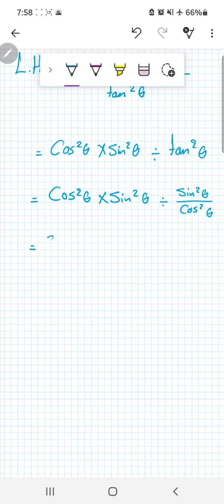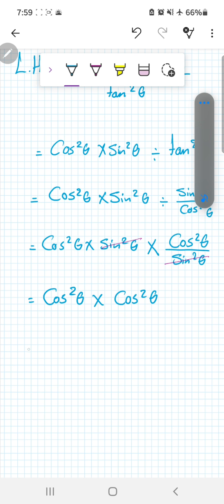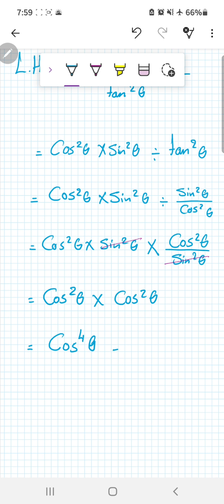As we said, divided means multiply by the reciprocal, so multiply by cosine over sine. Here we have sine up and sine down cancelled together. So the result will be cosine power 2 theta times cosine power 2 theta. In the multiplication, adding the powers 2 plus 2 gives cosine power 4 theta, which is the right hand side. So the left hand side equals the right hand side.